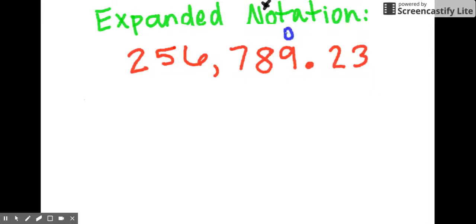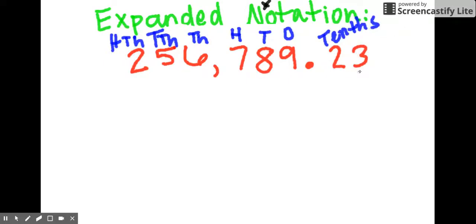This is the ones, tens, hundreds, thousands, 10 thousands, 100 thousands. Can't forget about these numbers back here since they're behind the decimal point. This will always be called the tenths. This second number will be called the hundredths.